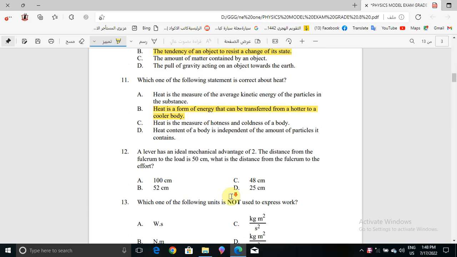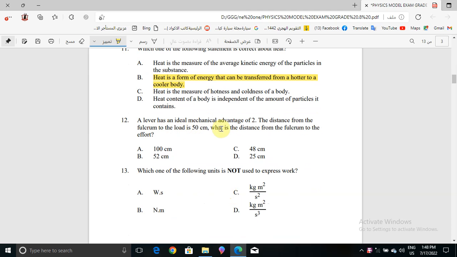Now question number 12, a lever has an ideal mechanical advantage of 2. The distance from the fulcrum to the load is 50 centimeter. What is the distance from the fulcrum to the effort? Okay, what we will do here, we have the ideal mechanical advantage, which is 2. Why?